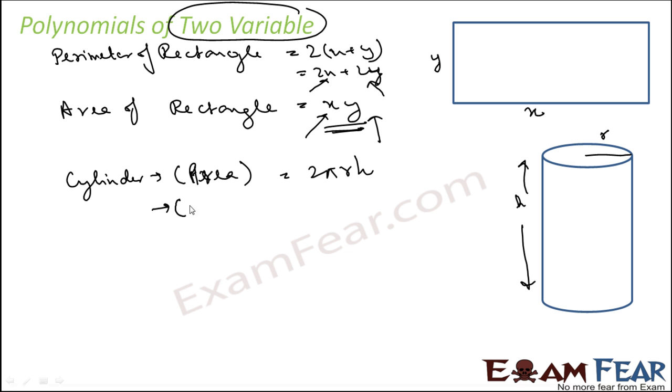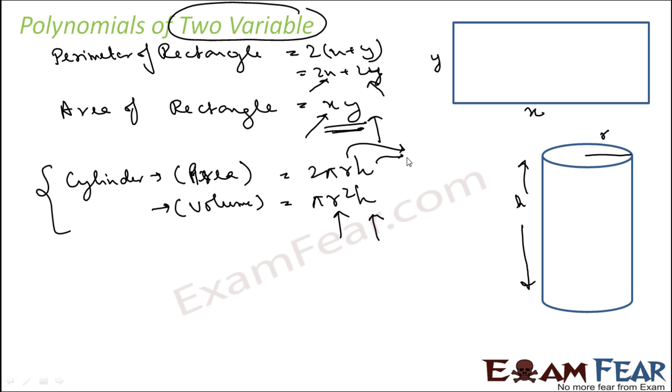If you want to find volume of this cylinder, it will be pi r square h. You must have read about these things. So we see here, this is the expression with r and h variables, two variables. This is also an expression with two variables r and h. So here two variables, x and y or r and h. So these are polynomials of two variables.